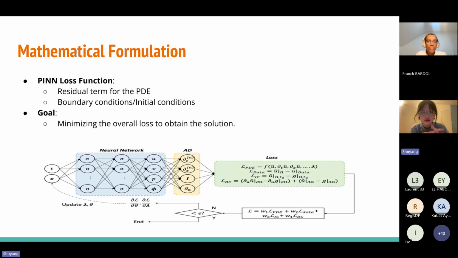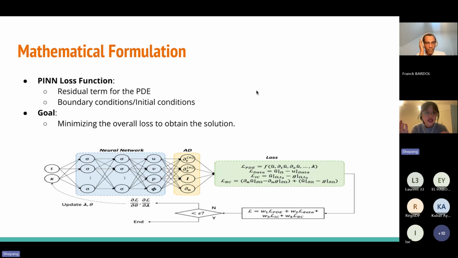One part is called the residual term of the PDEs. This is exactly the term that controls to what extent the output of the neural network is close to the solution of the partial differential equation. And another part is the boundary or initial conditions controlling part.